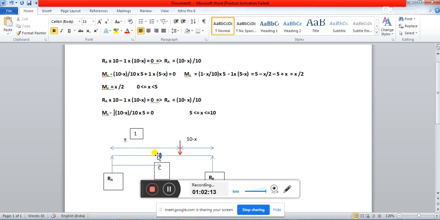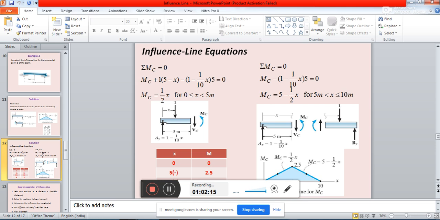So just left of the section and just right of the section. If you see this free body diagram, you will be more clear on this.